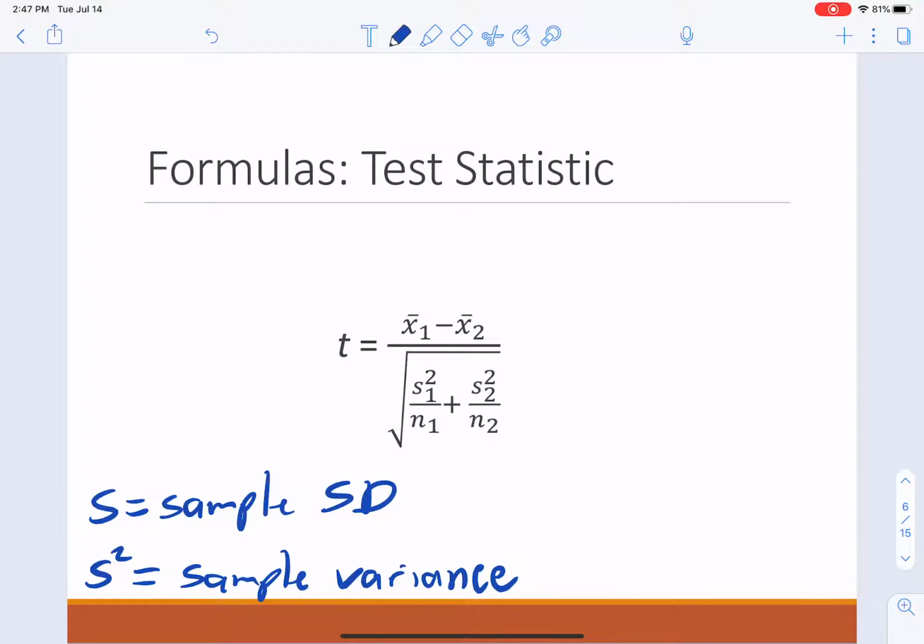Okay, no biggie. You could go your whole life with just plugging and chugging. That's totally fine in this instance. But do know that they do represent slightly different things. And that's okay. You'll always be given this. This is a little bit easier to find anyway. And then once you get one value, you just square it and then divide it by n.